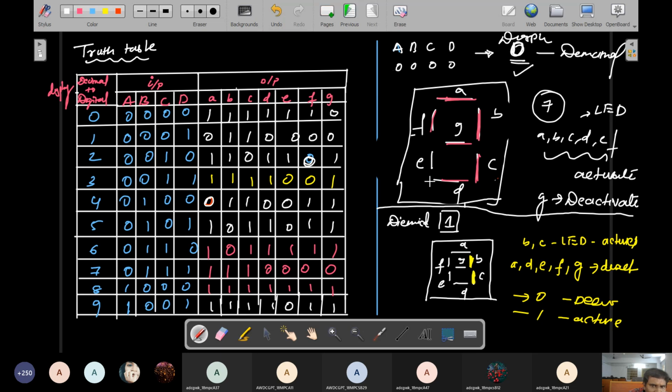If you want 0, then G is not activated and the remaining are all activated. Whatever number you have selected in the display, that section is activated and the remaining are deactivated, the dull mode, switch off condition. So this LED is switched off, meaning it is not glowing. The LEDs glowing in that display are represented as high, 1, and the switched off LEDs are represented as 0. So this is the theory.